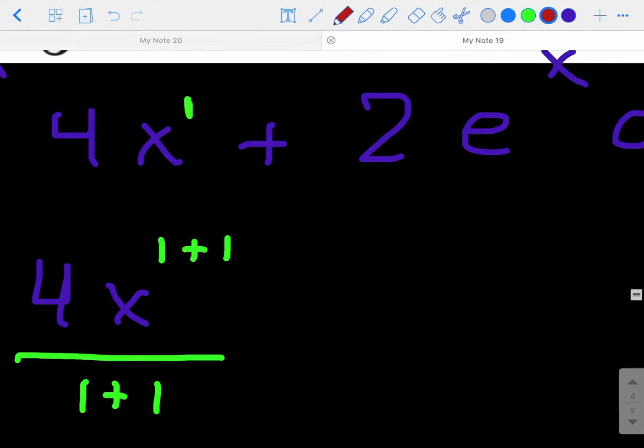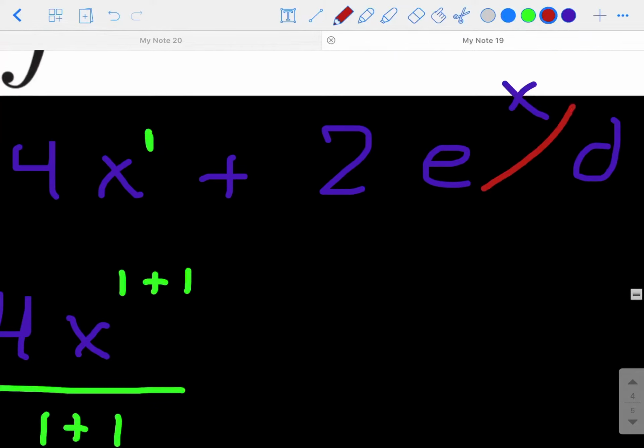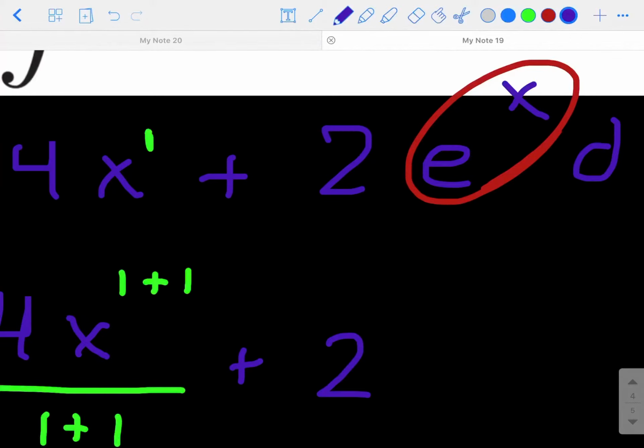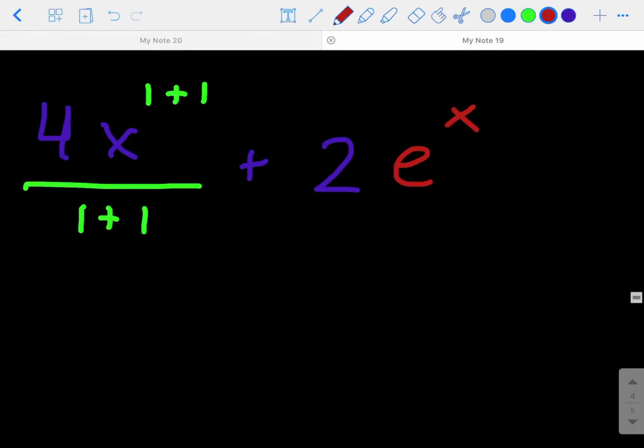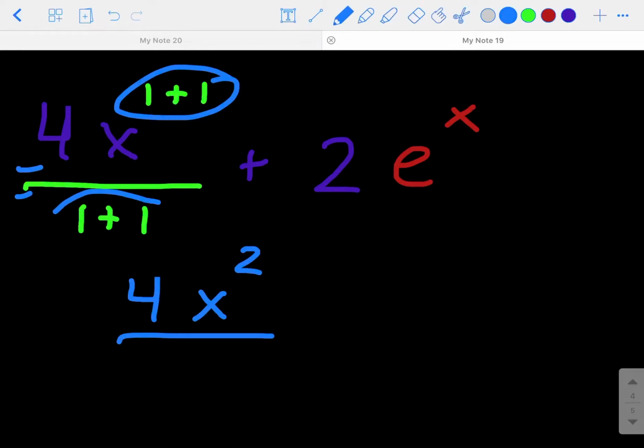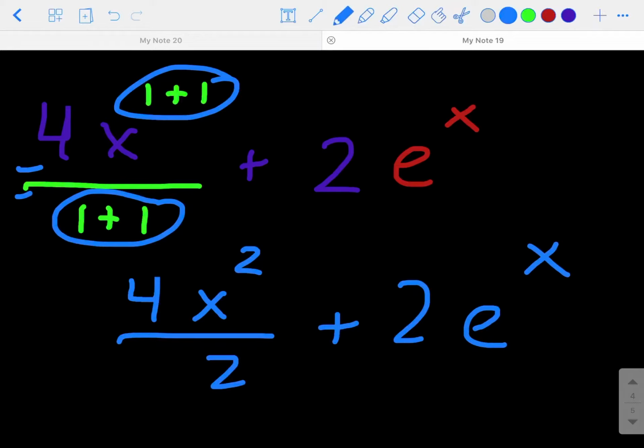Another thing to keep in mind is that the integral of e to the x is just e to the x, plus 2e^x. Simplify a little bit further from here, and this becomes 4x squared, and 1 plus 1 is 2, plus 2e^x.